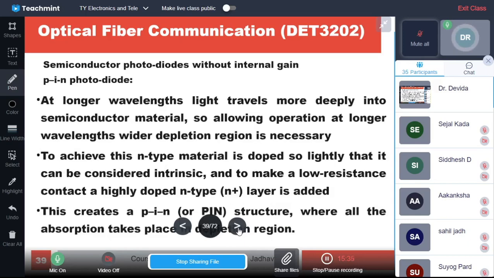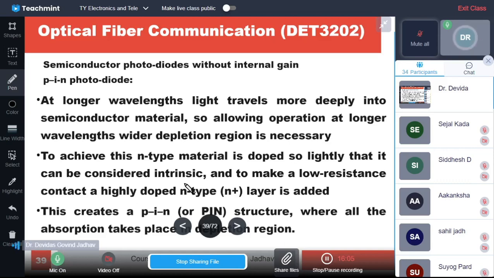Longer wavelength light travels more deeply into the material. So longer wavelength operation requires a longer absorption region. So to achieve total coverage of the absorption region, the depletion region is increased by decreasing the doping concentration. Light doping concentration is there, a lightly doped material.